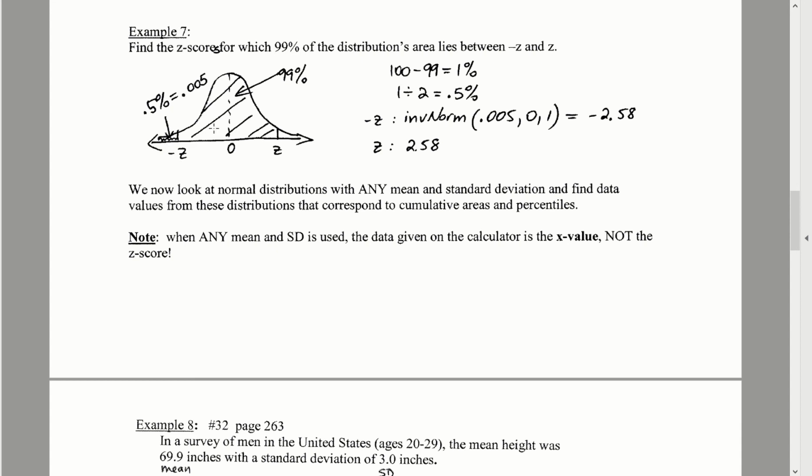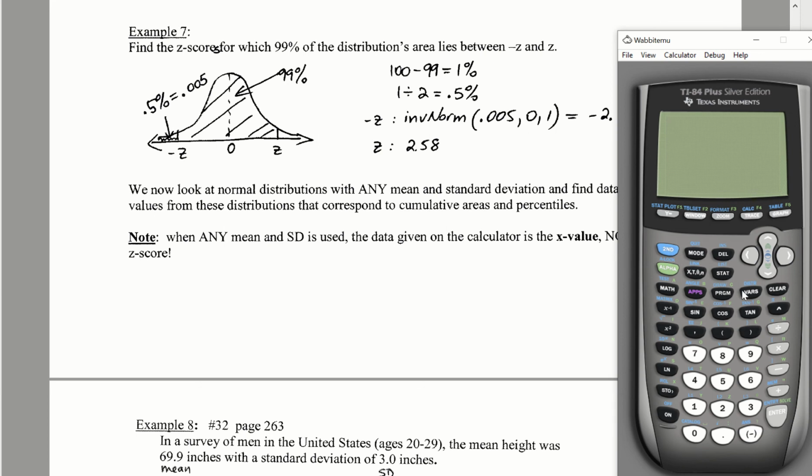And because it's symmetric, if I just take half of that, that would tell me exactly how much would be in the left tail. Half of 1% would be half of a percent, or 0.005. So the cumulative area to the left of this z is 0.005, and now that'll allow me to use the inverse normal function.